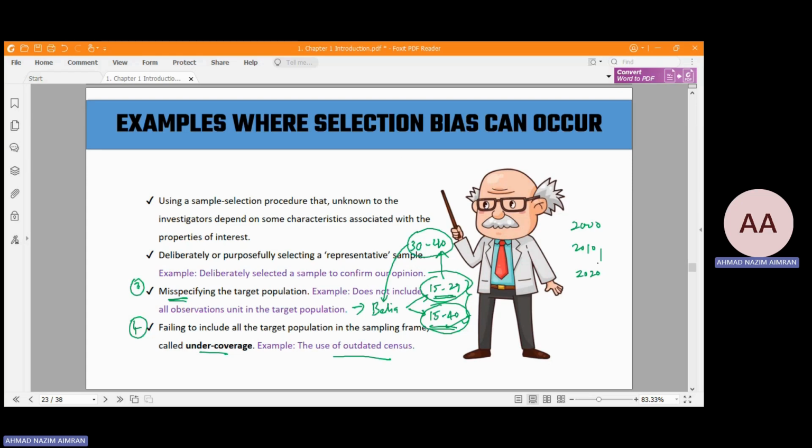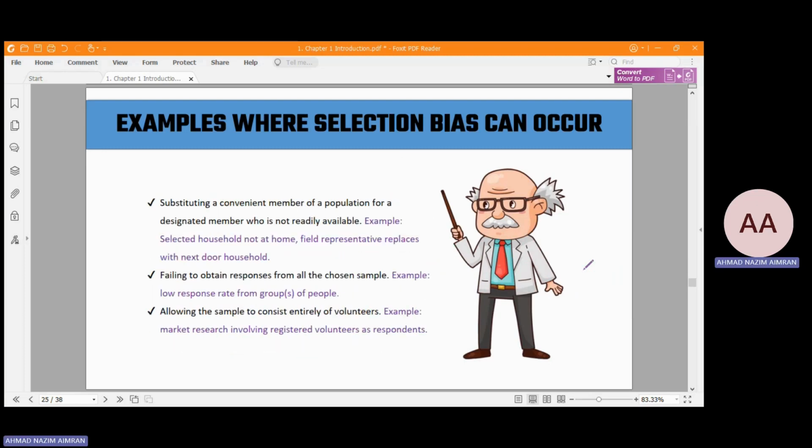From 2010 to 2020, there was a lot of increase in the number of people in Malaysia, for example. So if you use the outdated census from year 2010, then many Malaysians are not included in your target population because you do not use the recent one. Okay, so that one is called undercoverage.